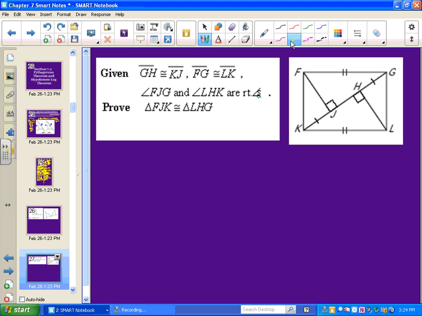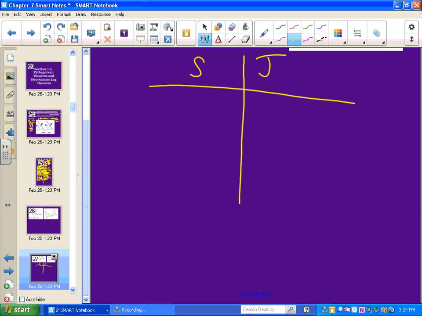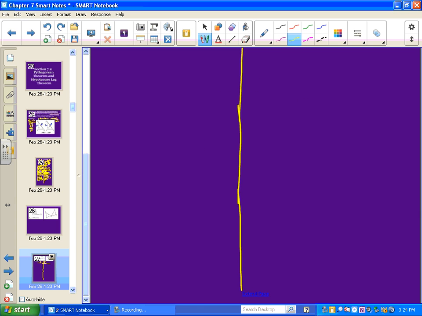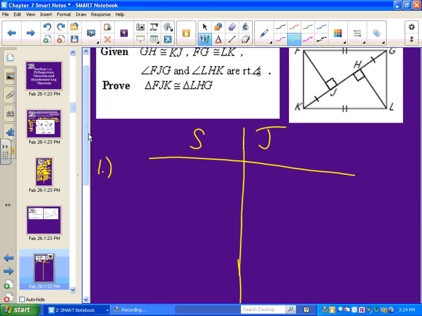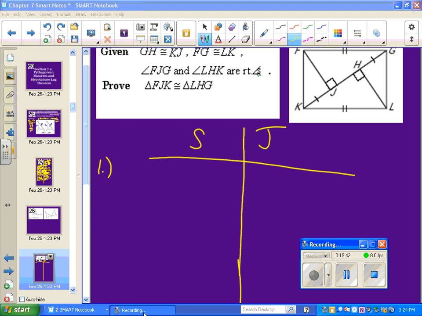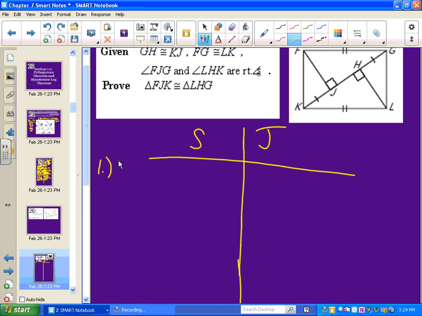So, starting this proof off, two columns. Statements, justifications, start with the given. Our given is that GH is congruent to KJ.